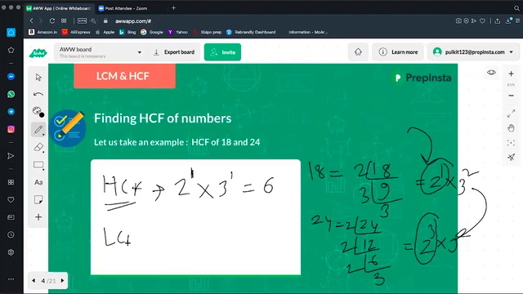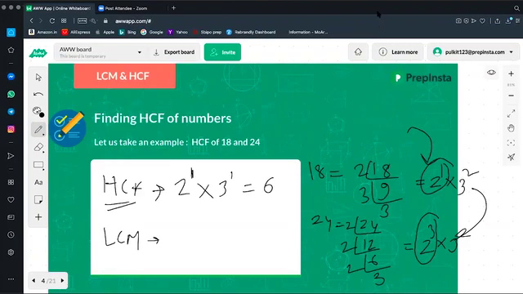What would be the LCM, guys? So the basic funda is for HCF, I see the minimum.